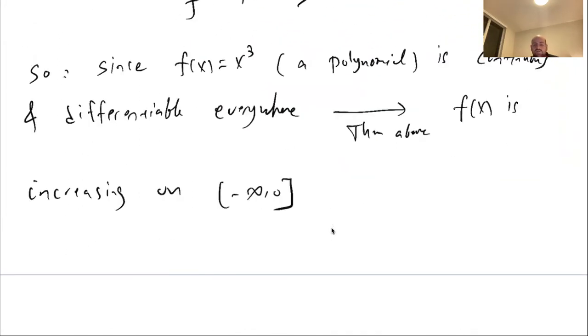Please remember that for differentiability and for the values of the derivative, we use open intervals. But once the derivative is positive on the open interval minus infinity to 0, we can conclude it is increasing on the closed interval minus infinity to 0 according to the theorem.